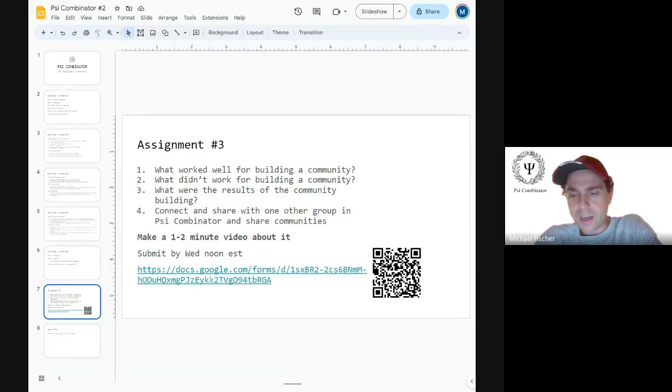So you found 5 people, another group found 5 people, and there are 2 in each of those groups that you can shoot over to each other, and now you have 7 people. So connect with another team in the Combinator cohort, make a 1 to 2 minute video about it, and submit it at noon on Wednesday. Here's the QR code and the link. We'll be sharing the slides and the video.